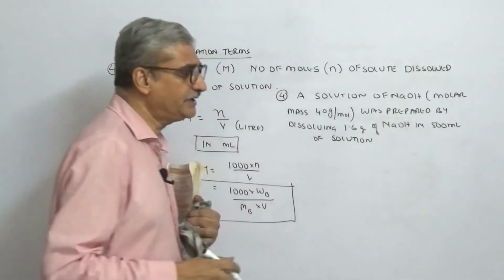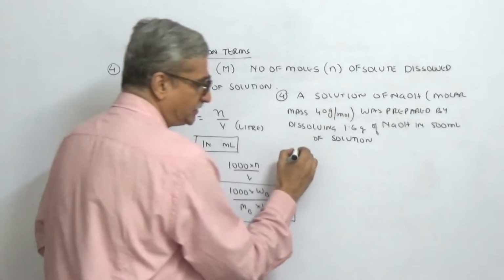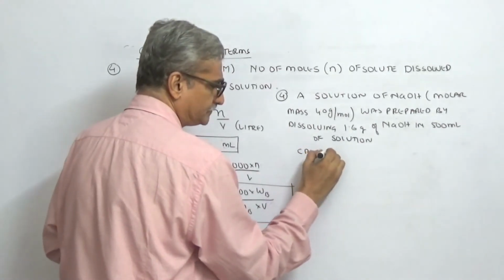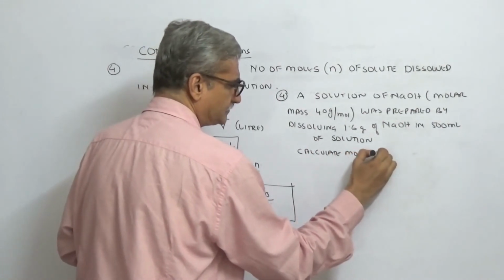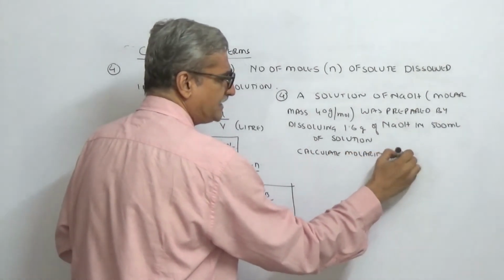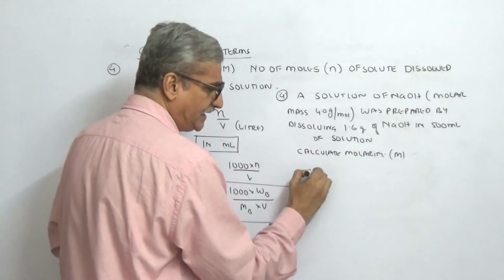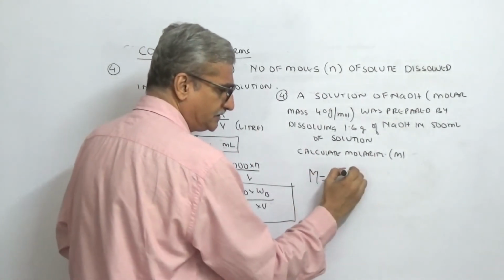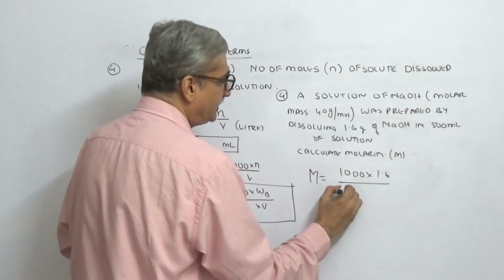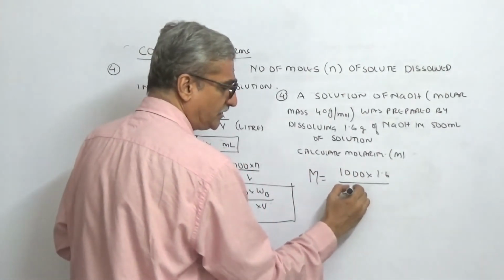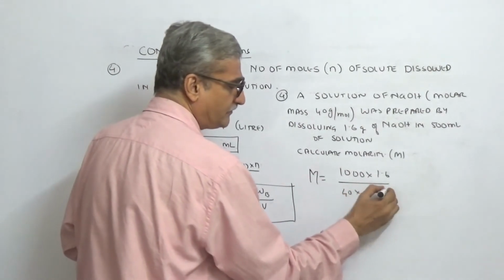तो अभी क्या होता है? Calculate the molarity. Molarity means M. So what is the formula? Directly we have M, the molarity is 1000 into weight of solute 1.6 divided by molar mass 40 into volume of solution 500.